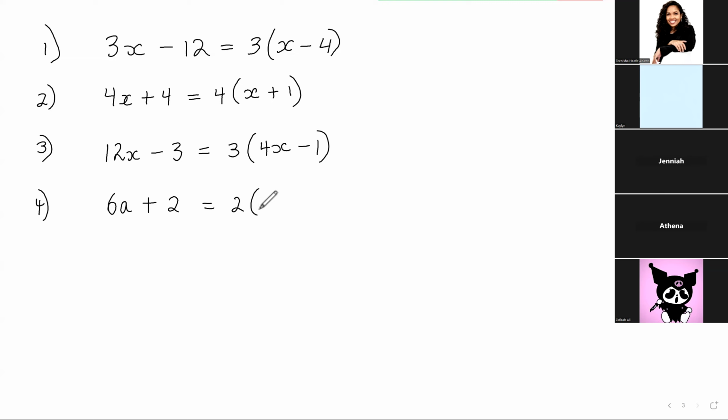A. But what about the coefficients? 2 times a will give me 2a. 2 times what will give me 6? 3. So that'll be 2, and the first term is 3a. And then plus what? 1. Perfect.